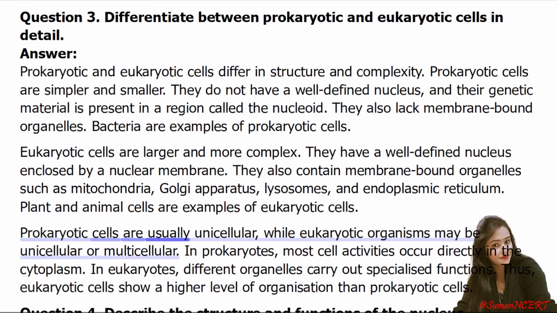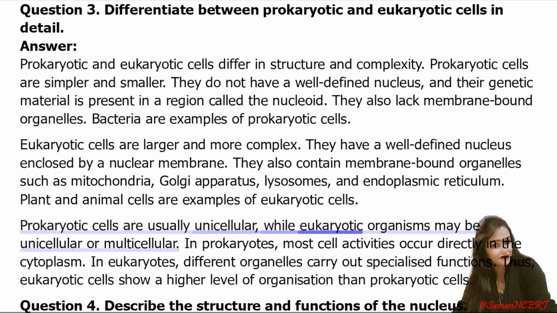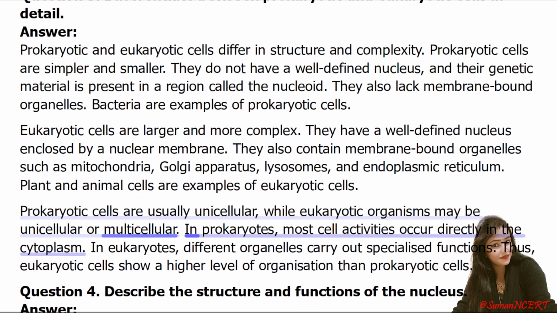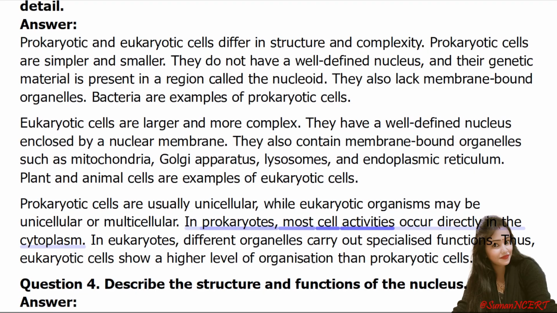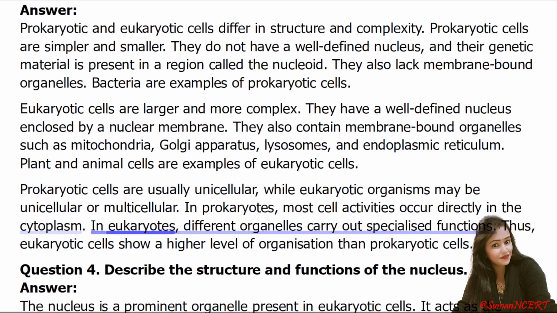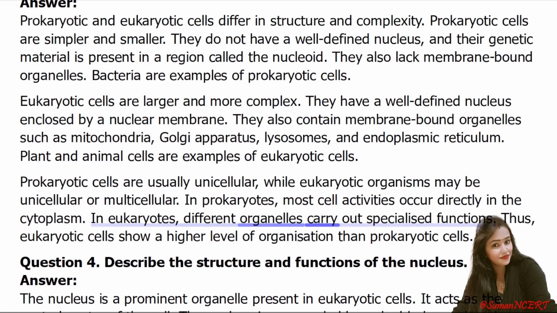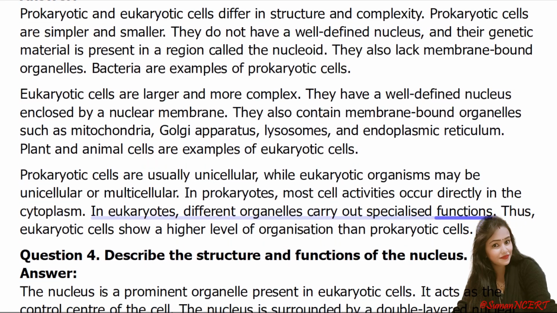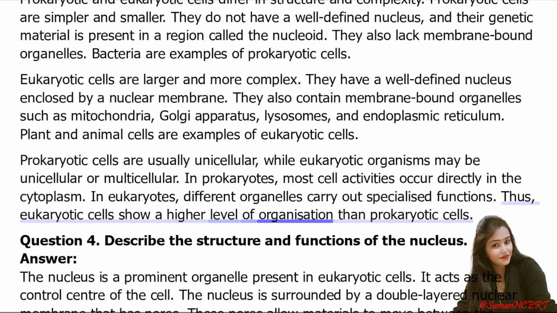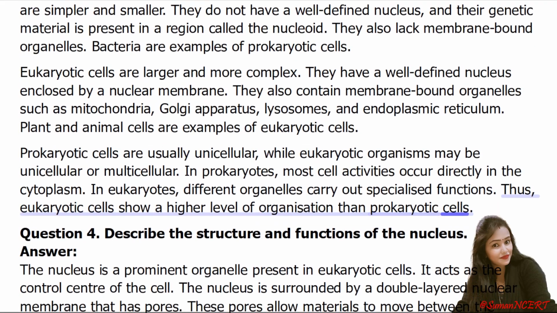Prokaryotic cells are usually unicellular, while eukaryotic organisms may be unicellular or multicellular. In prokaryotes, most cell activities occur directly in the cytoplasm. In eukaryotes, different organelles carry out specialized functions. Thus, eukaryotic cells show a higher level of organization than prokaryotic cells.